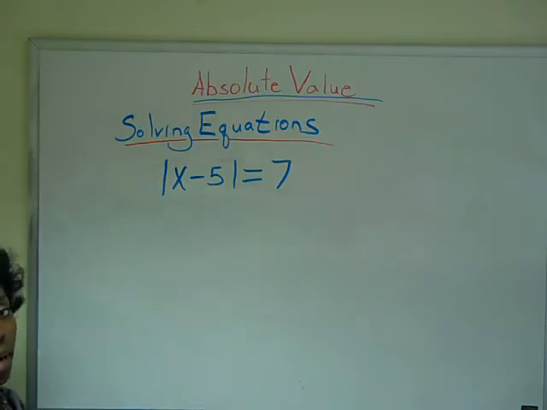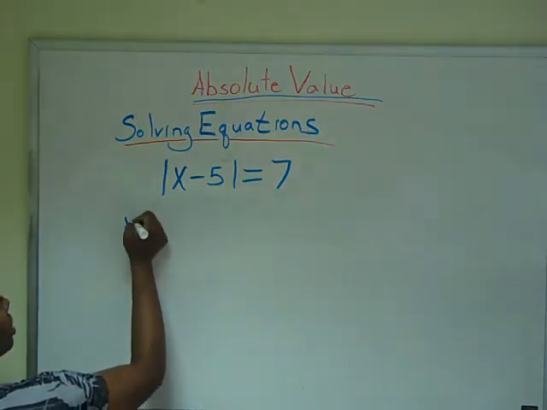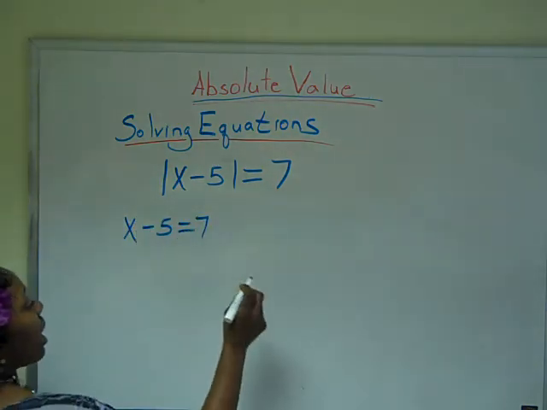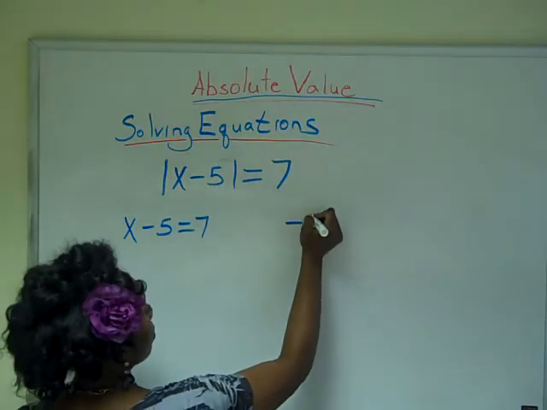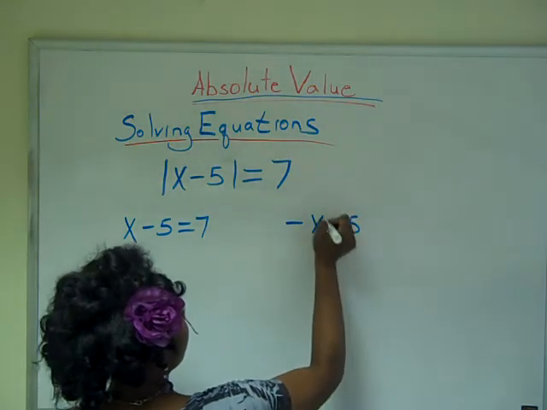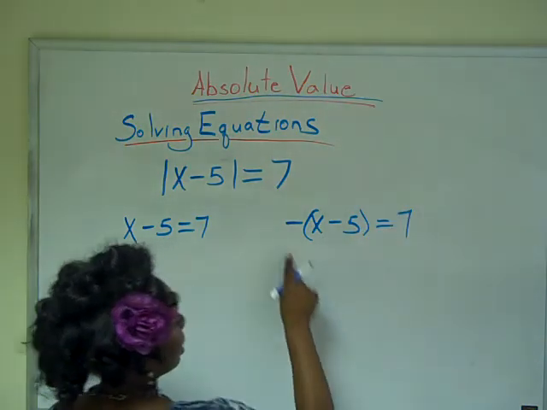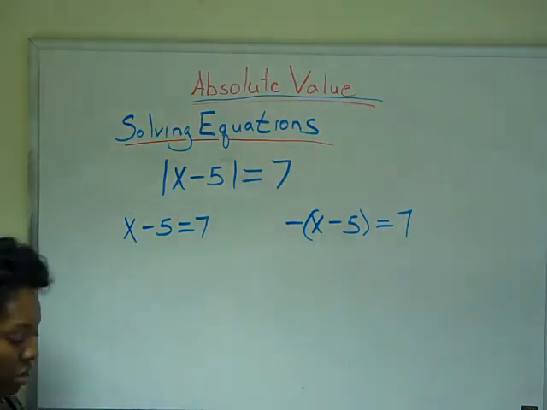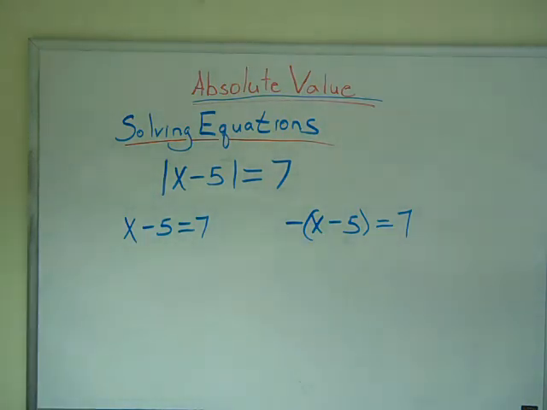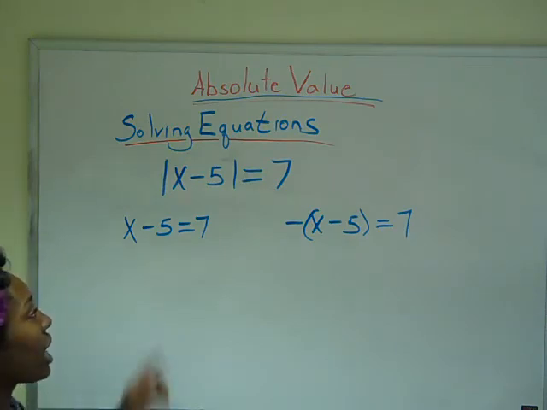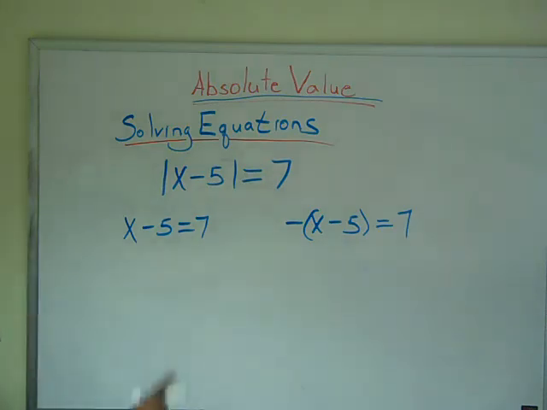So, we'll set up our equations to illustrate that. We know x minus 5 can equal 7, and negative x minus 5, if you take the absolute value, it can be 7 as well. So we're going to solve each of these equations individually to find out what our x can be that will get us an absolute value of 7 in our equation.